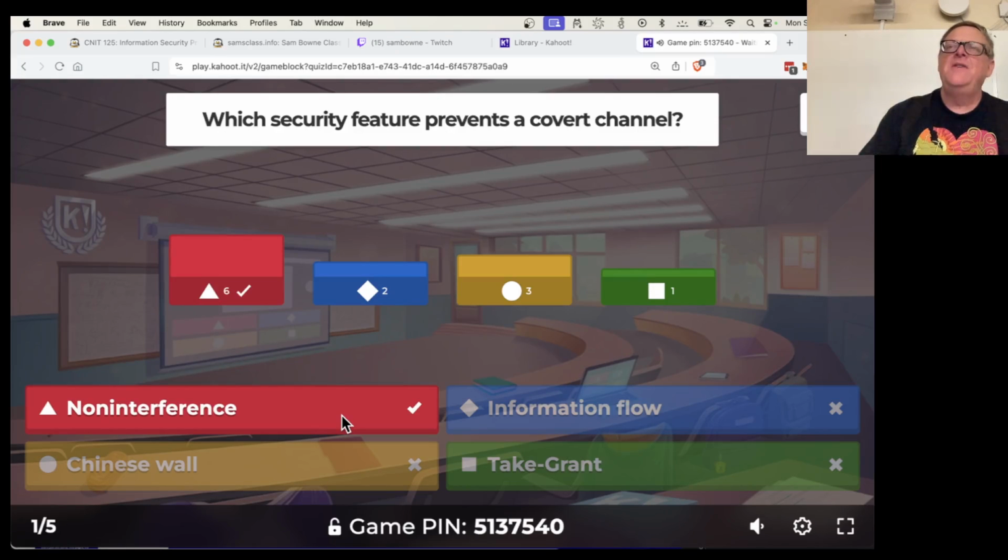It means information is leaking out from your high secure areas through something you didn't intend, like the radio emitted by the processor.